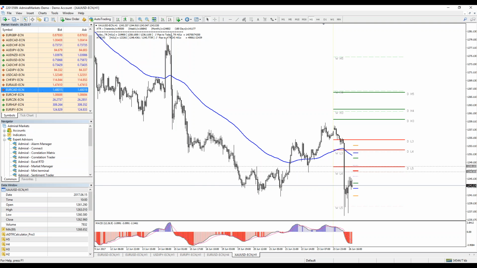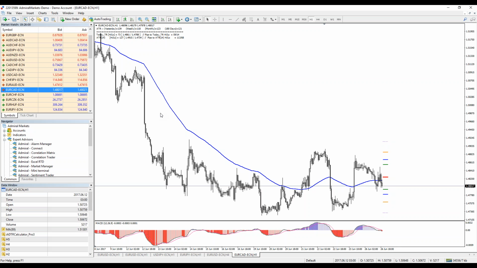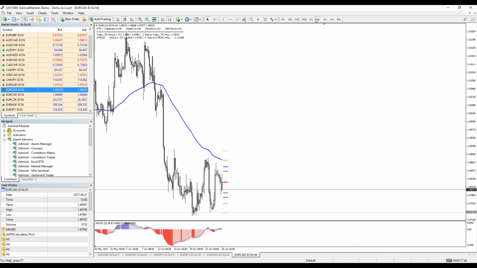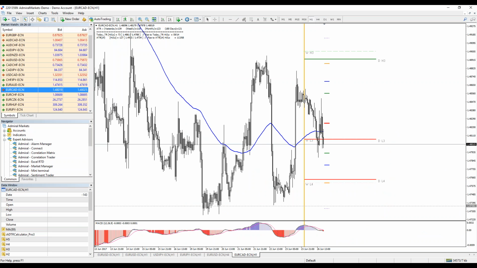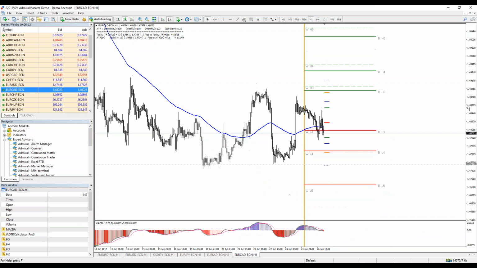Euro CAD. This could go up if this level holds. But also, this really looks twofold, because here you have W and then you have head and shoulders.